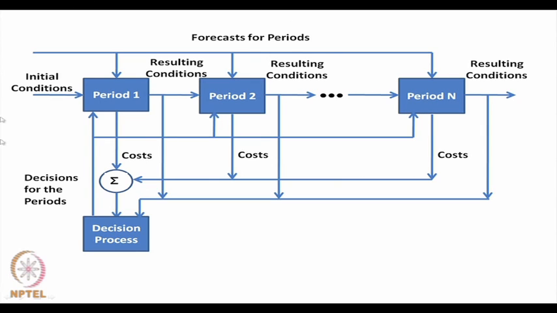So, a model that is made for the n periods takes the complete model and then solves it. This is the structure of an aggregate planning problem. I did not discuss this in more detail because the model is quite complex and it is difficult to discuss here at this stage.